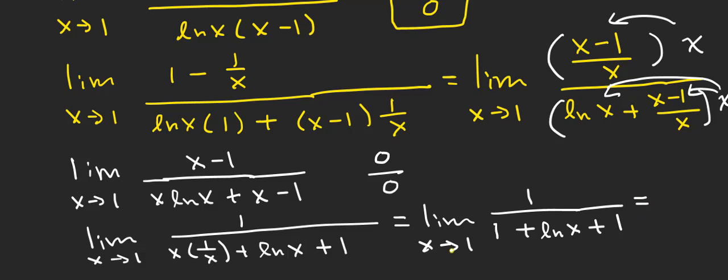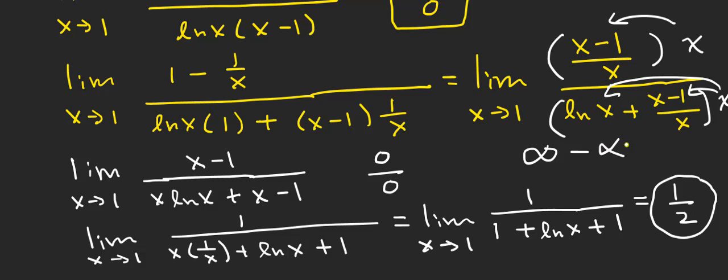So what happens when you plug in 1 now? That goes to 0, you get 1 over 2. So that should be your final answer. So in this case, infinity minus infinity actually ends up equal to 1 over 2.